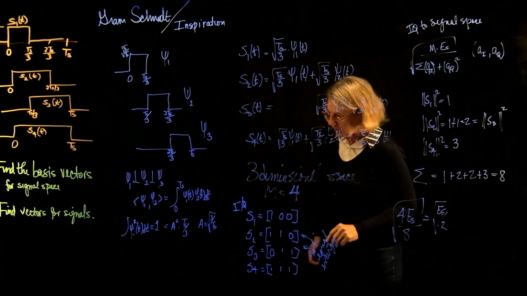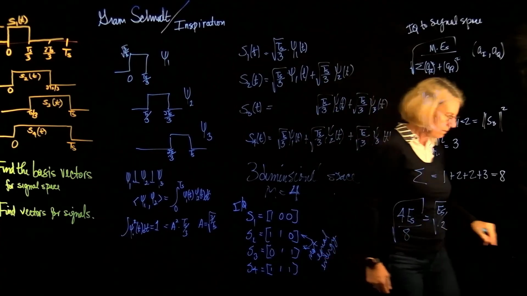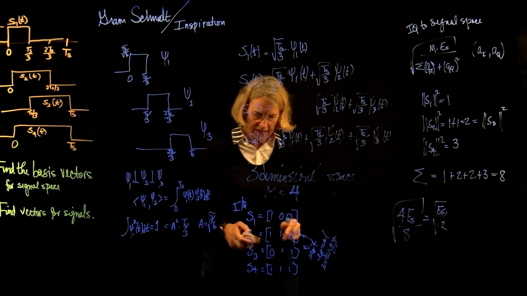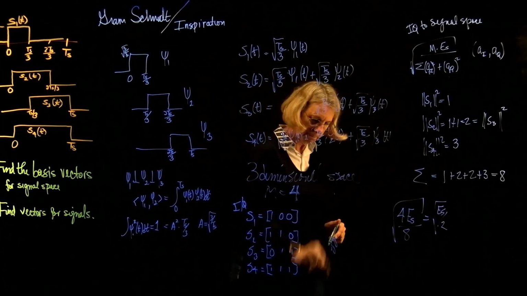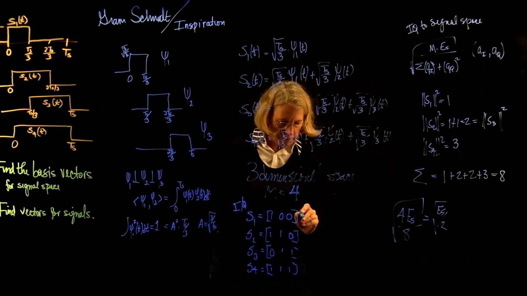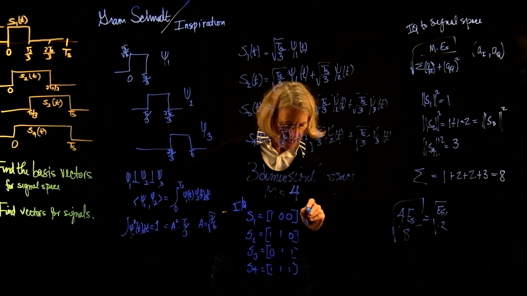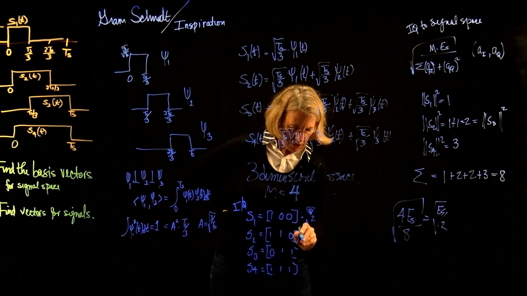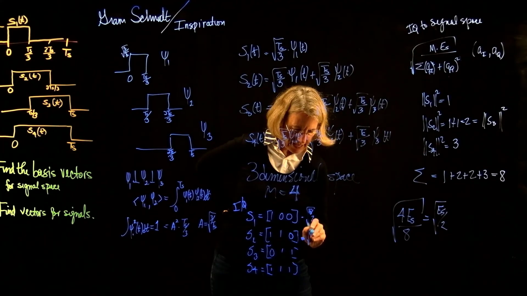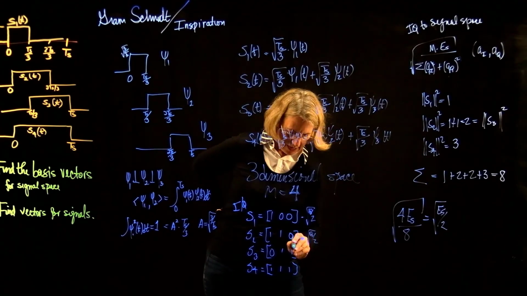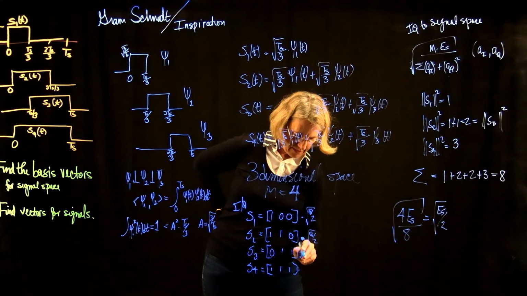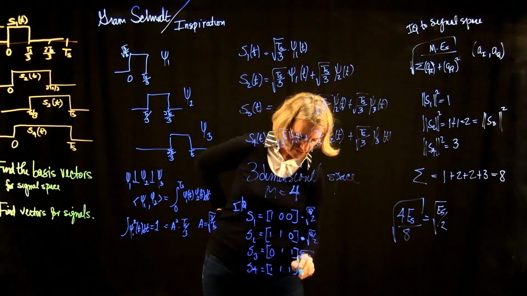So let me be a little lazy here. The only thing I have to do is multiply this by the square root of E_S over 2, and then I would have the coordinates in signal space.